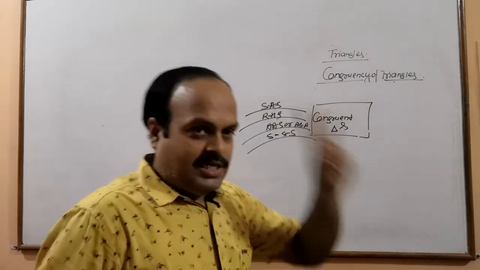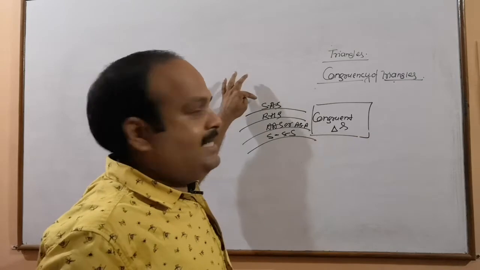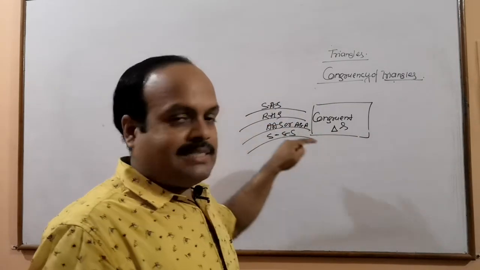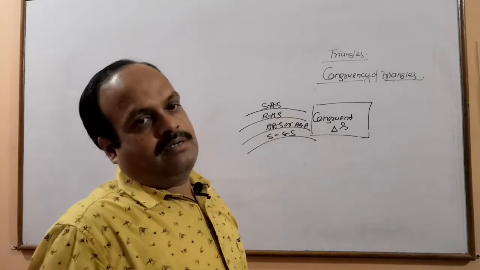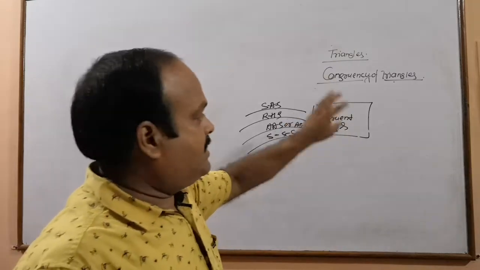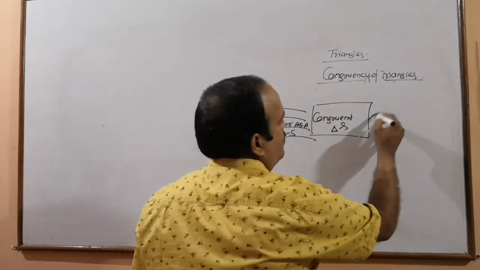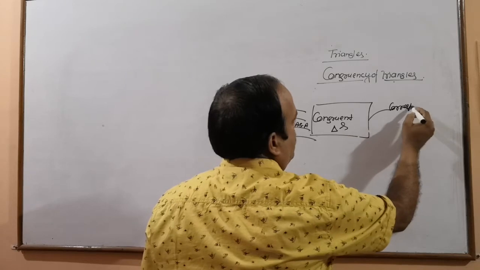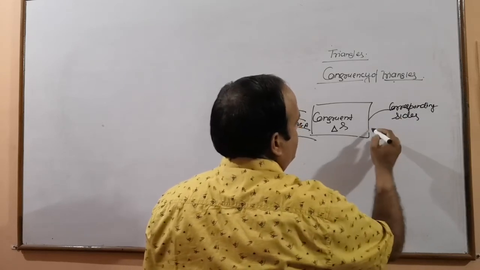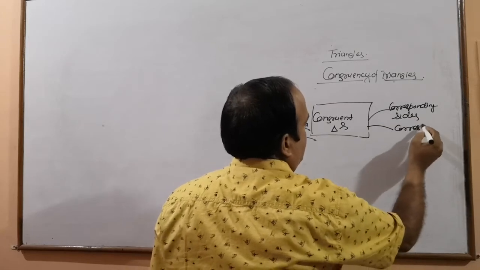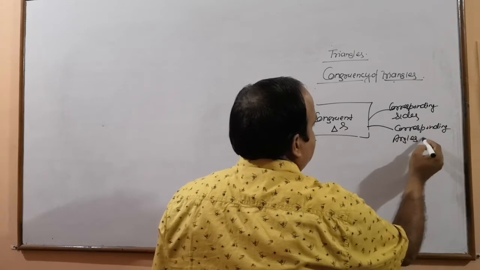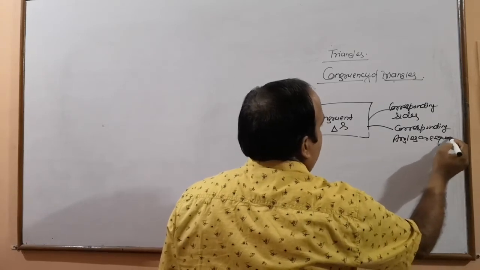If we see that in two triangles, either side angle side or RHS or AAS or SSS are equal, then we said that the triangles are congruent, and then when the triangles are congruent, corresponding sides and corresponding angles are equal.